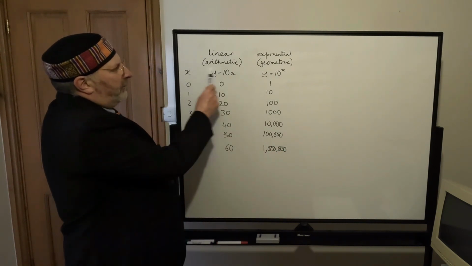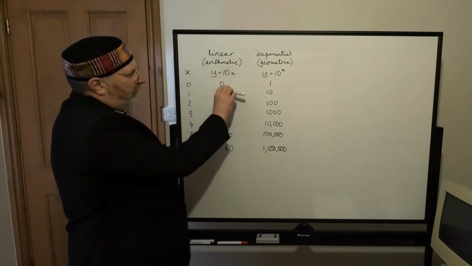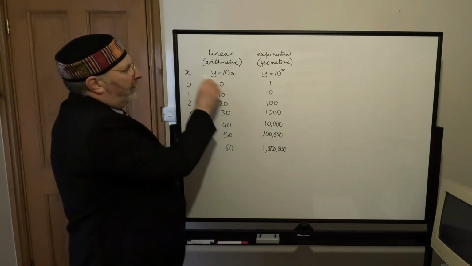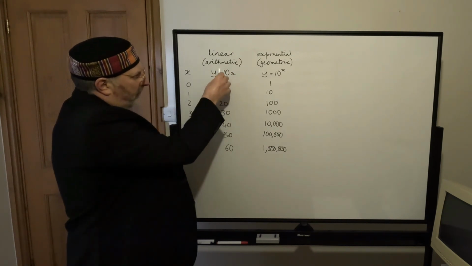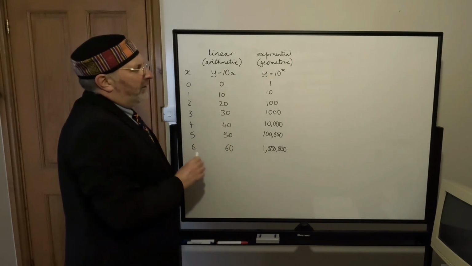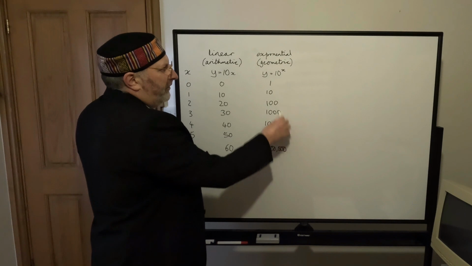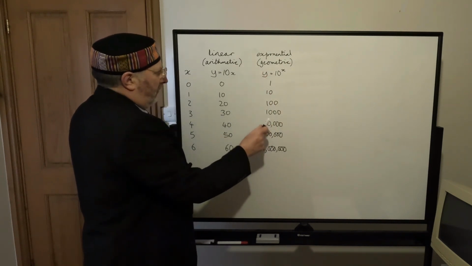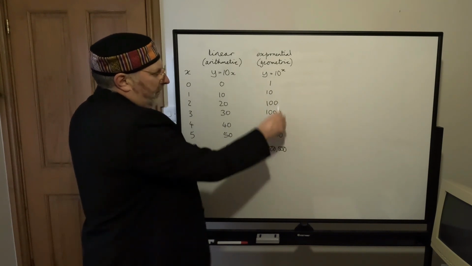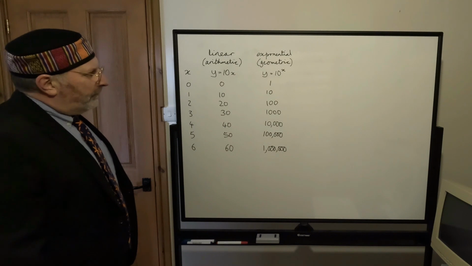And another term that's sometimes used for a series of numbers that go up in equal steps is an arithmetic series. So this function is arithmetic. And for something that goes up in equal multiples, equal ratios, it's said to be a geometric series. So this exponential function, we could also say, is geometric.